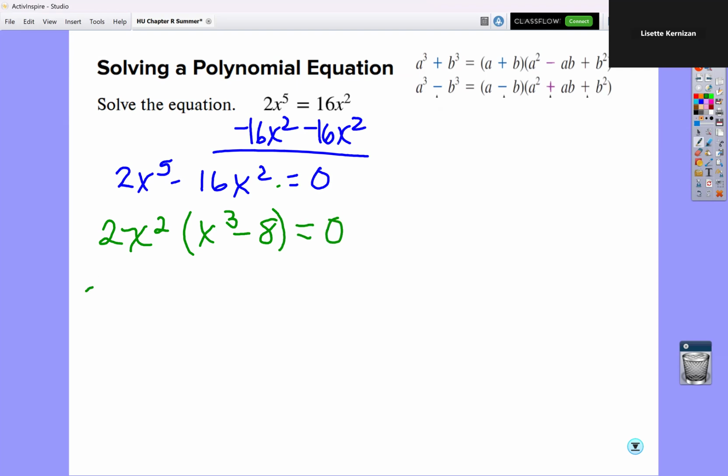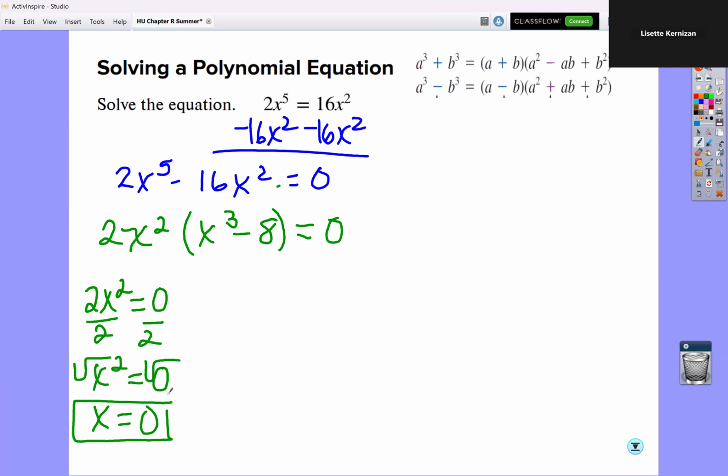First part's easy. I can just take the 2x squared, set it equal to 0, divide by 2, x squared equals 0. You don't have a plus or minus 0. It's just 0. So this is one of my solutions. Now I'm going to look at the next part. This is a difference of cubes, so we can use our formula.